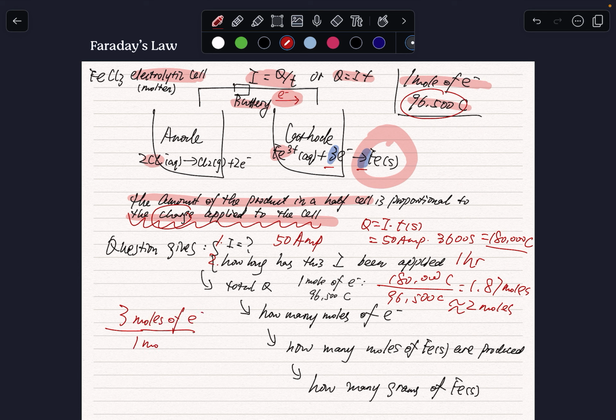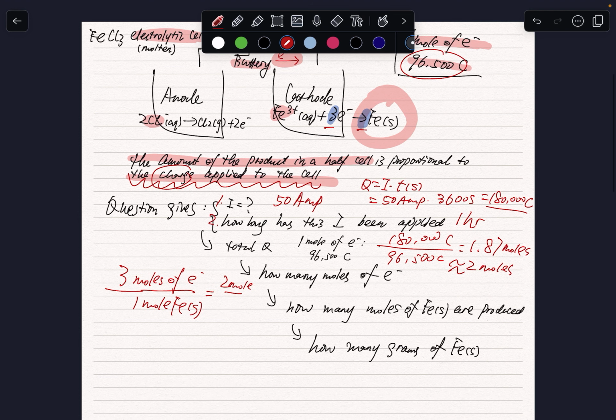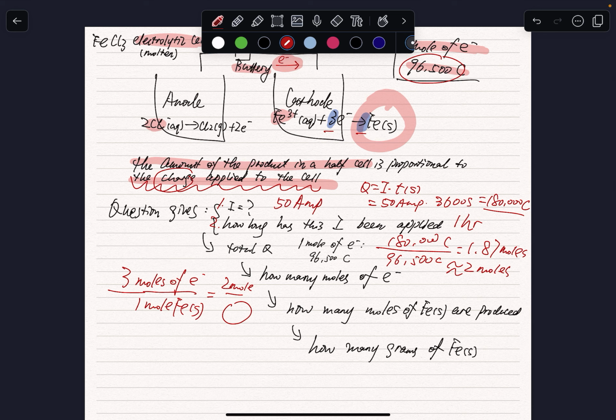Give me 1 mole of my product, okay? But the reality is I have how many moles? 2 moles, right? After I simplified. Well, that will give me how many moles of the solid product? It's basically 2/3, right? That's how many moles of solid iron that I produced, okay?